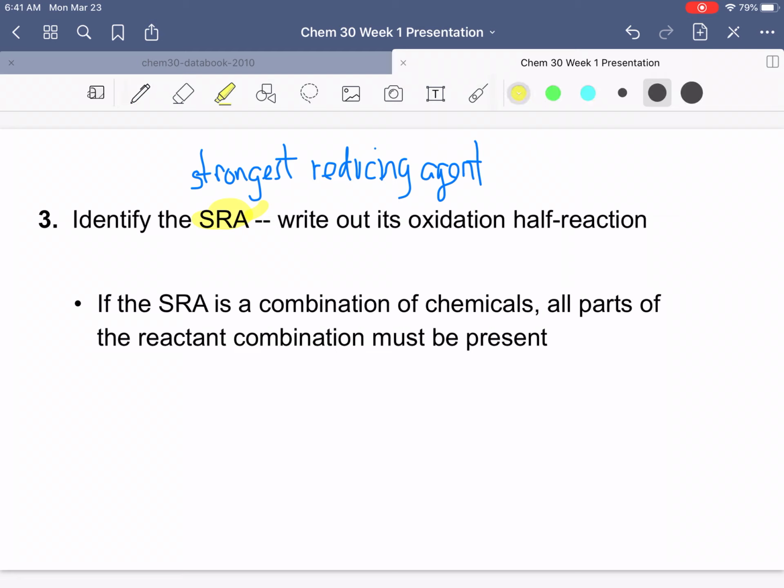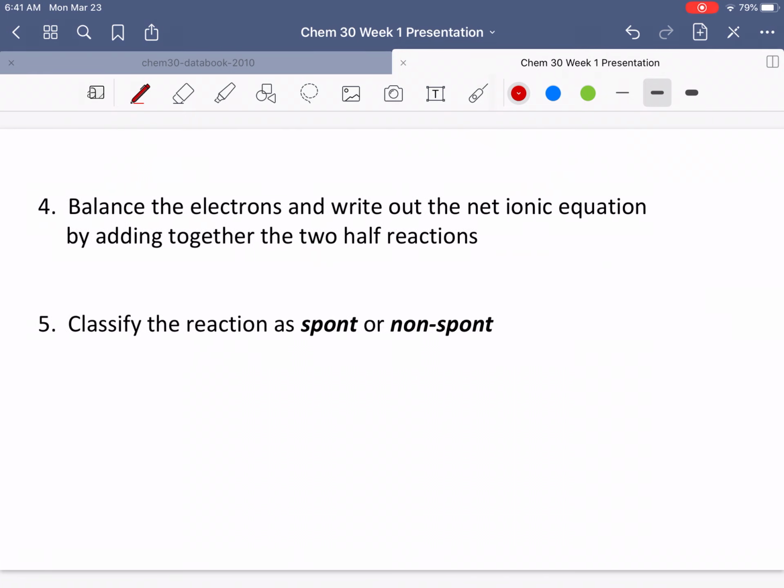Similar type thing, the SRA undergoes oxidation, which means it is the LEO part, it is going to be losing electrons.